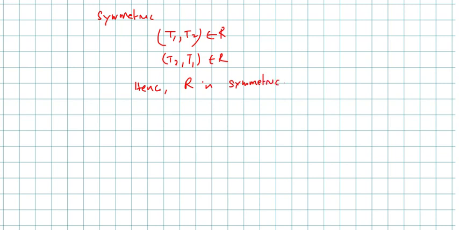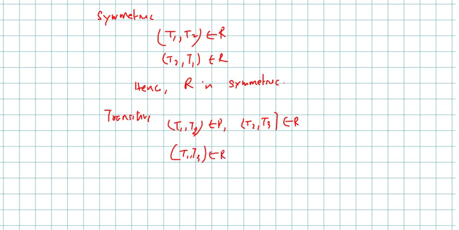Is it transitive? I think it is transitive. Easily it can be proved that T1, T2 element of R and T2, T3 element of R means T1 and T2 are similar to each other, and T2 and T3 are again similar to each other. That means T1 and T3 must be similar, right?